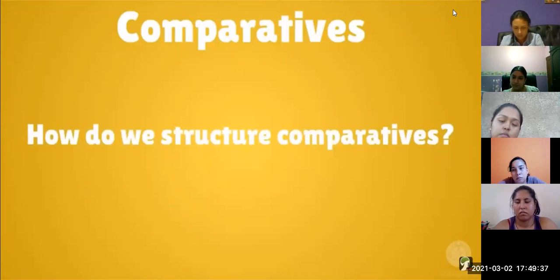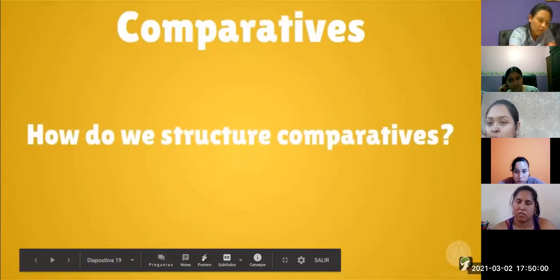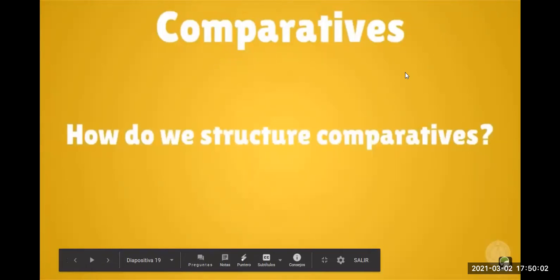But what about the structure of the sentence? Is subject, the adjective with er, but if the adjective is short, if the adjective is large, you put more, and then you put than, and then the other subject or noun. The other noun.